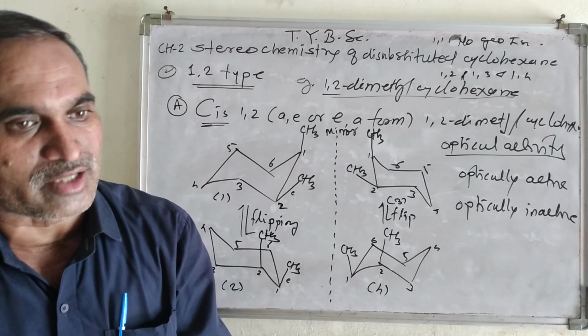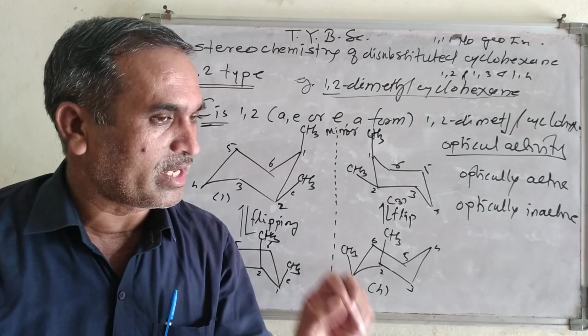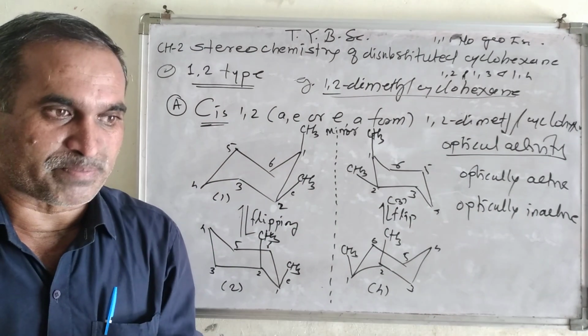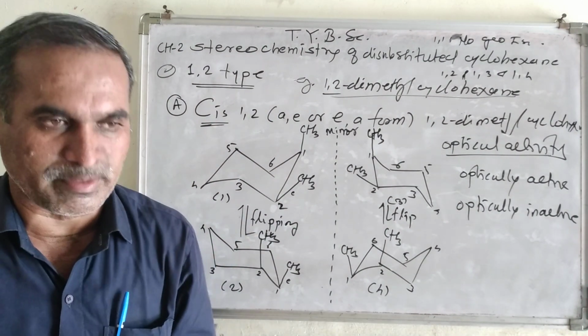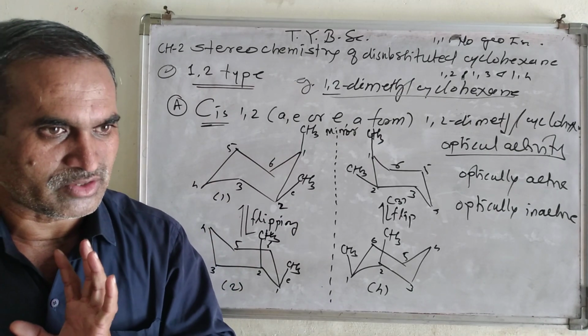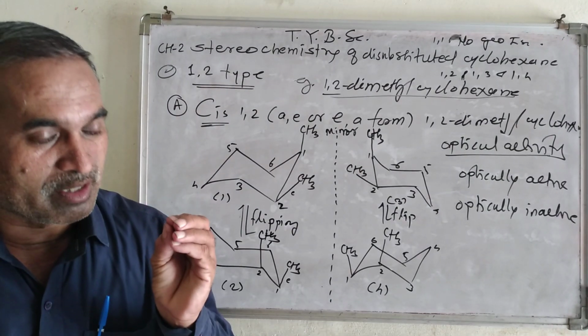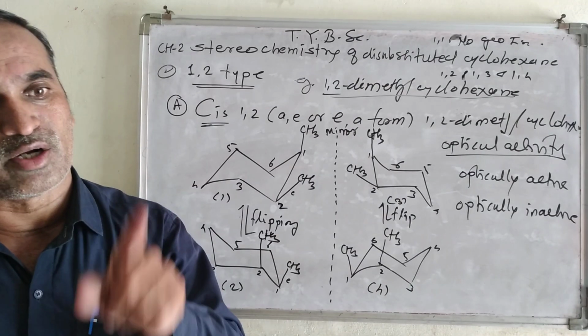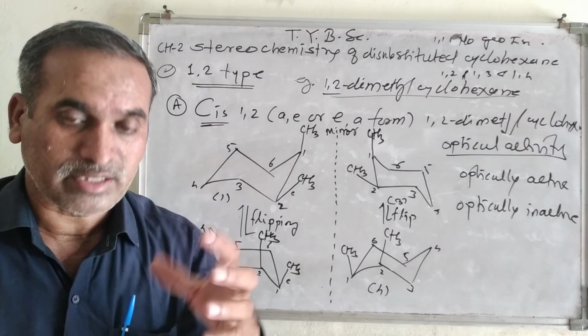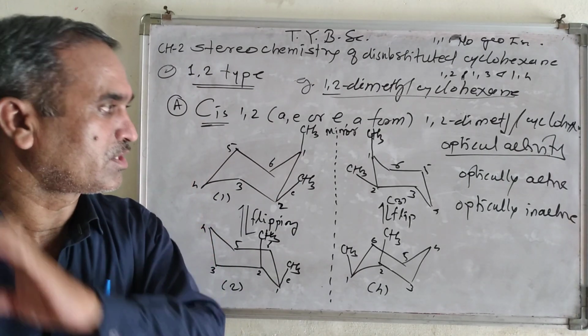Active and inactive. If a plane of symmetry, or mirror plane of symmetry, is present, that compound is optically inactive in nature. If a plane of symmetry is not present, that compound is optically active in nature.